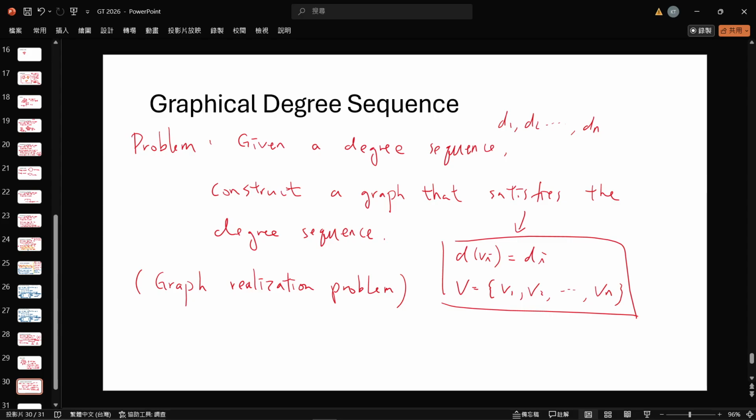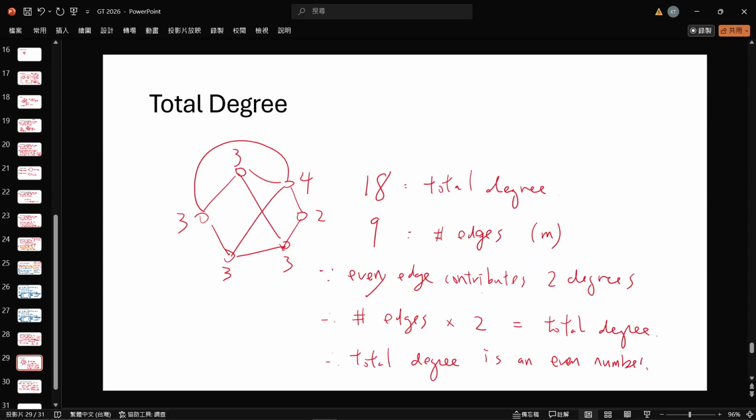So we have v1, v2, up to vn. Those are your vertices in a graph. And you have to create a graph in such a way that the degree of vi equals di. So for example, if the input is 3, 3, 3, 3, 2, 4, then you can just output this graph. This will be a graph that satisfies the degree sequence.